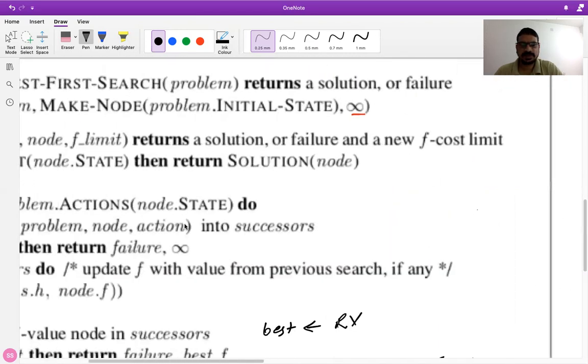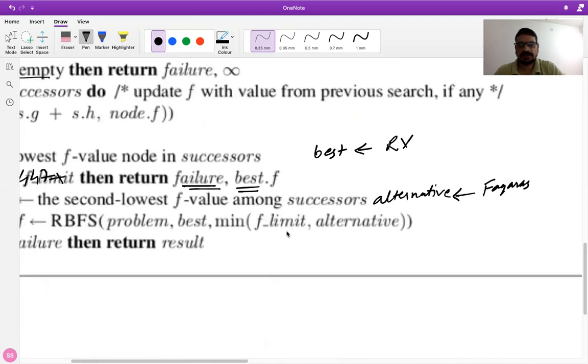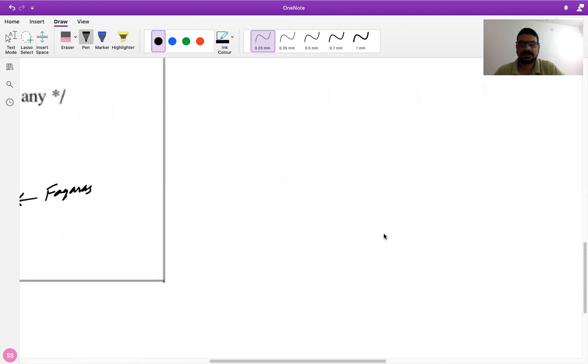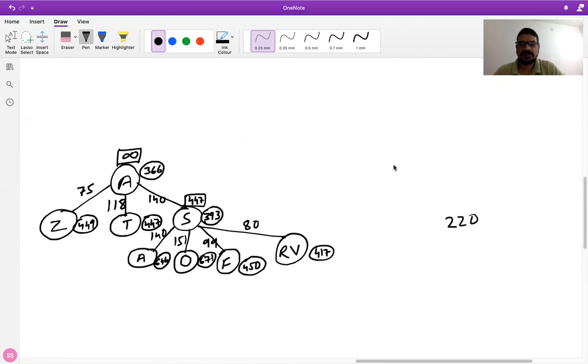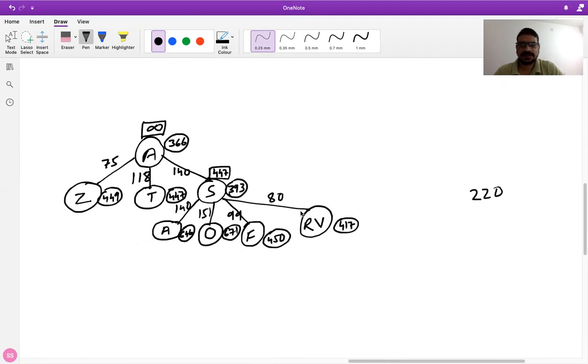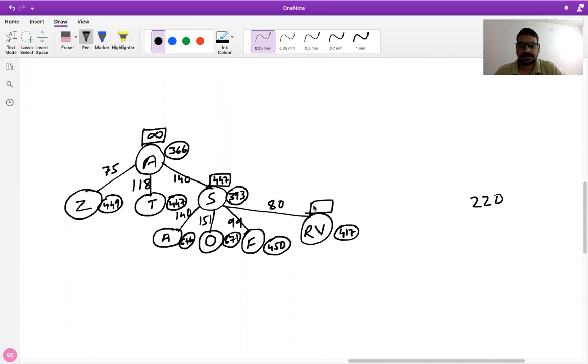So the F limit you can see here. How will we calculate it? The previous F limit is 447 and the alternate F limit is 450, so 447 will be the minimum. So 447 will come here as the F limit. So the F limit is 447 for RV.